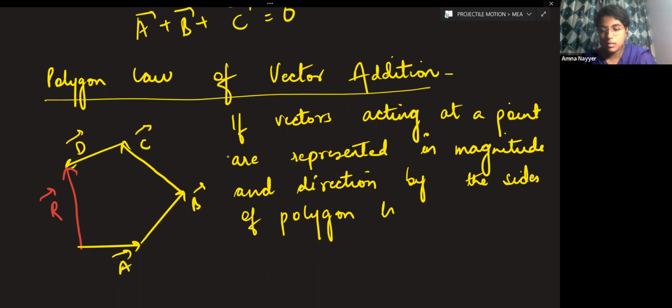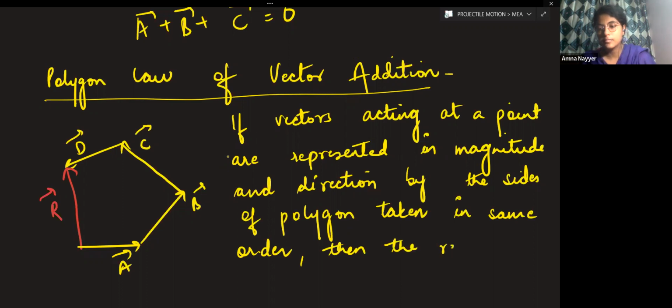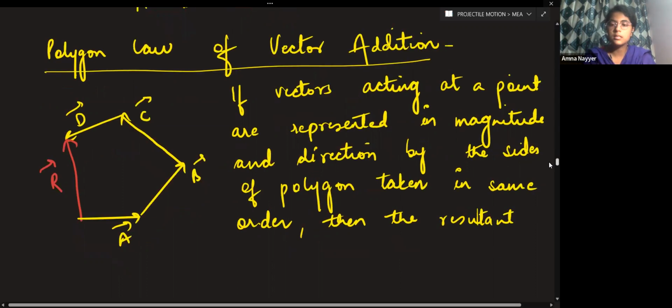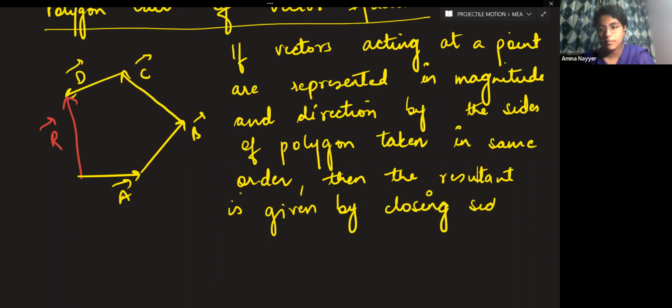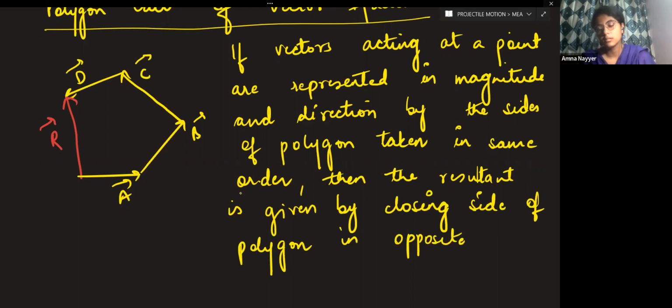So taken in same order, then the resultant is given by the closing side of the polygon in opposite order. Fine class. This was just the polygon law.